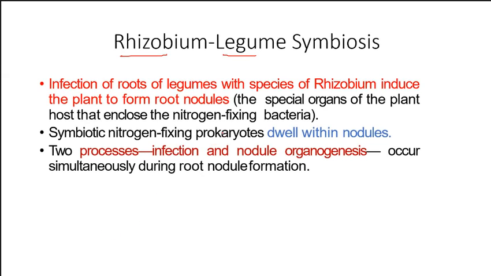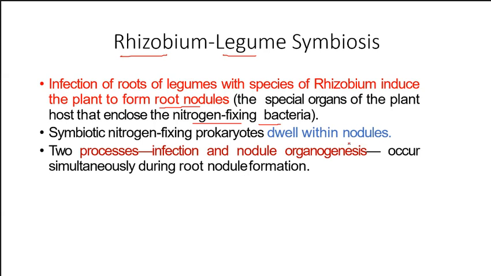These Rhizobium bacteria induce the plant to form root nodules. What are root nodules? They are specialized structures in the leguminous plants which harbor the bacteria, and inside the root nodules the bacteria fix nitrogen. So where inside the plant are these bacteria living?